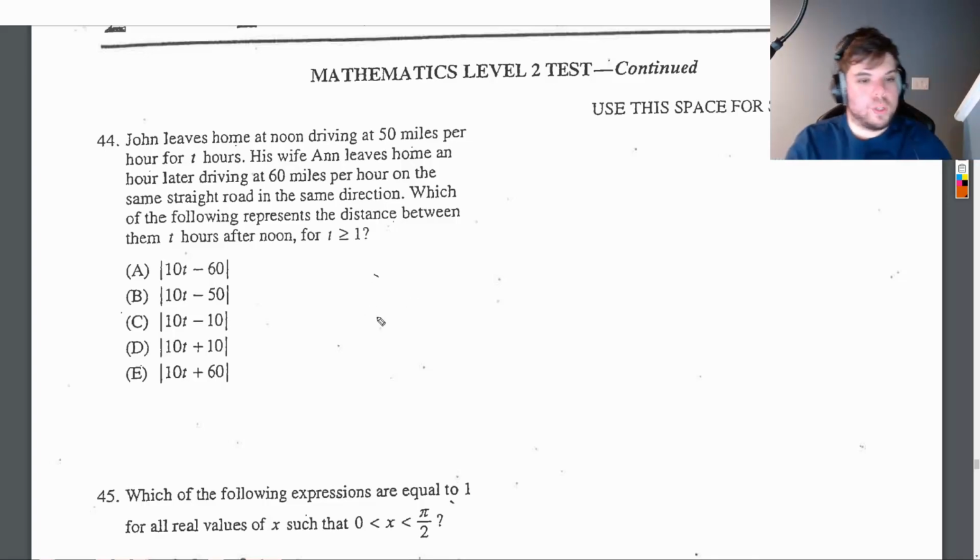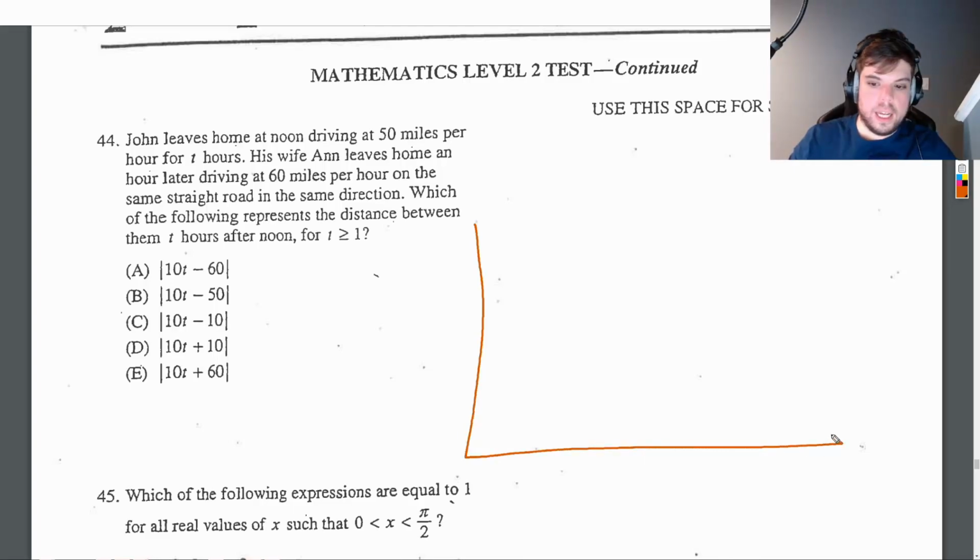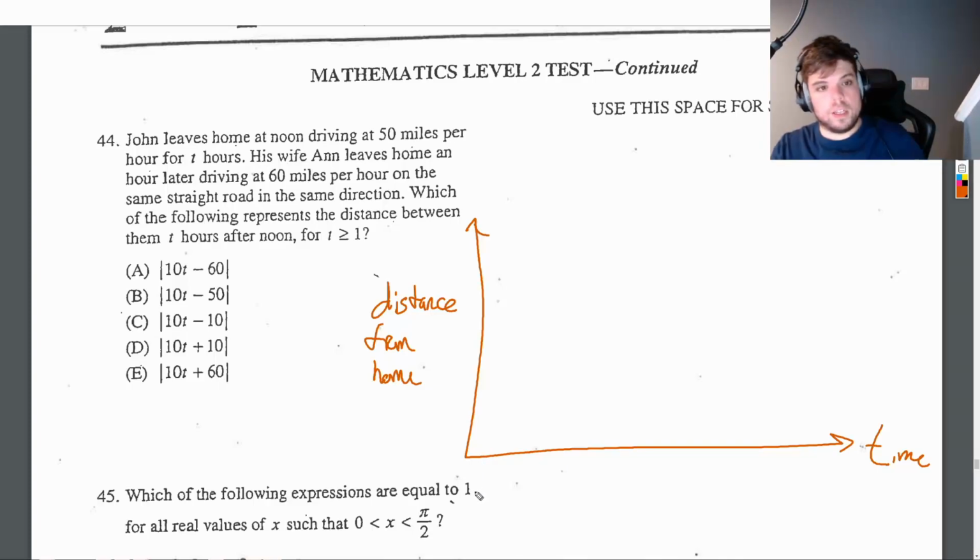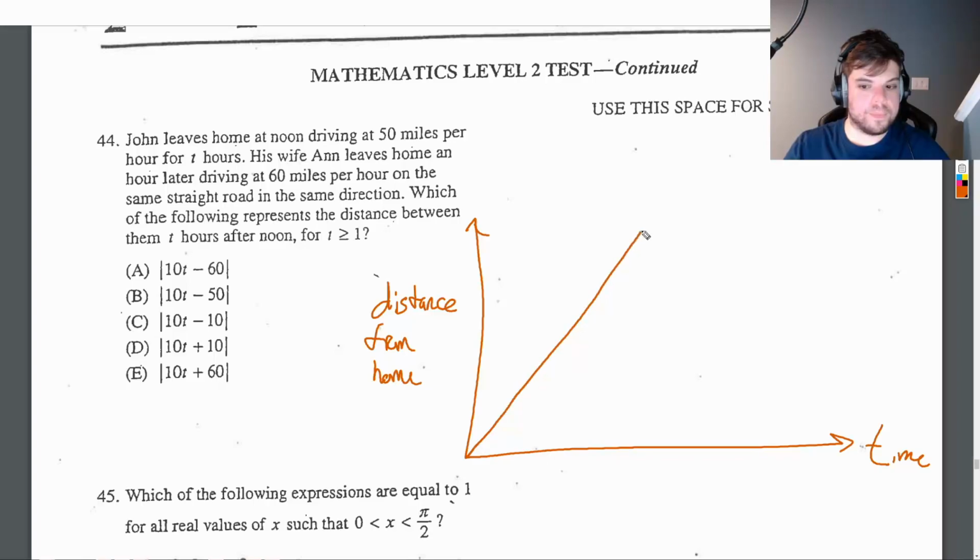All right. So let's try a little graph, and this is going to represent time, and this is going to represent distance from home. So John leaves home at noon, driving at 50 miles per hour. So he's in his garage, and he just starts at 50 miles an hour, just flies out of the garage. It's going to be constant, so the slope is 50.